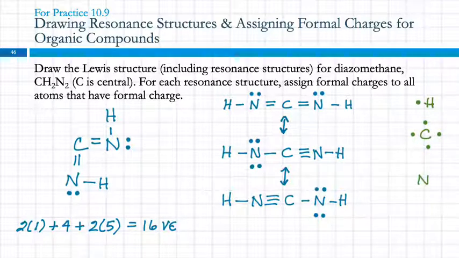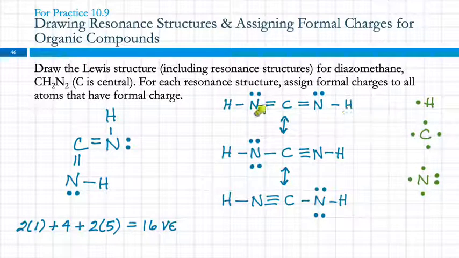Nitrogen has 5 valence electrons. Hydrogen likes to make 1 bond. Carbon likes to make 4. Nitrogen likes to make 3. If nitrogen has 3 bonds and an octet, it will have a 0 formal charge. If carbon has 4 bonds and that gives it the octet, it will have a 0 formal charge.